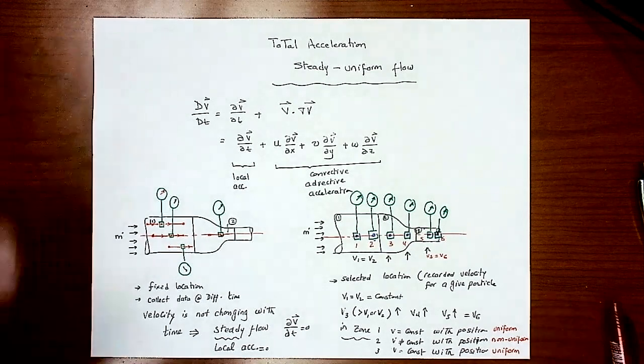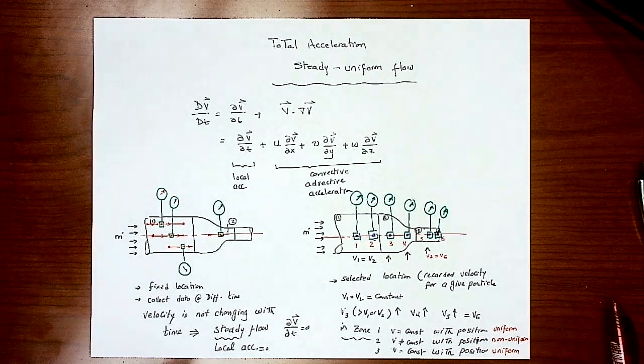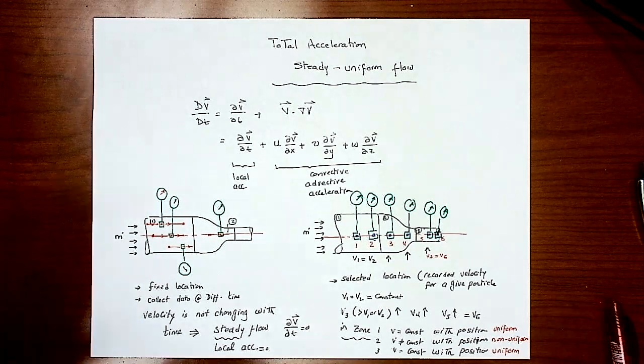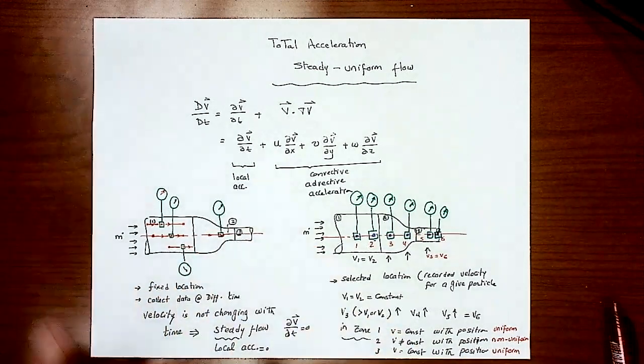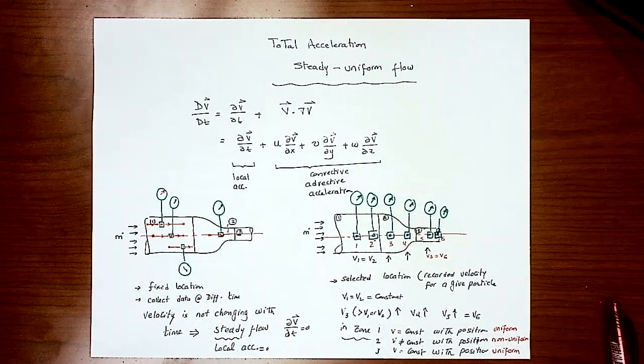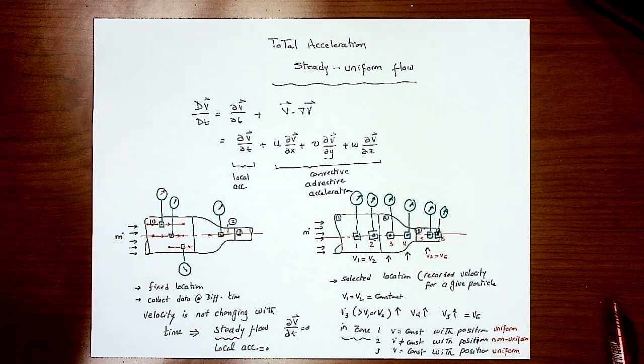So now, if I look at the combination of the two cases here, zone 1, that's zone 2, that's zone 3. Between these two situations, zone 1 has fixed velocity at a given position with time, and also for a specific position, the velocity does not change from that location to the other.